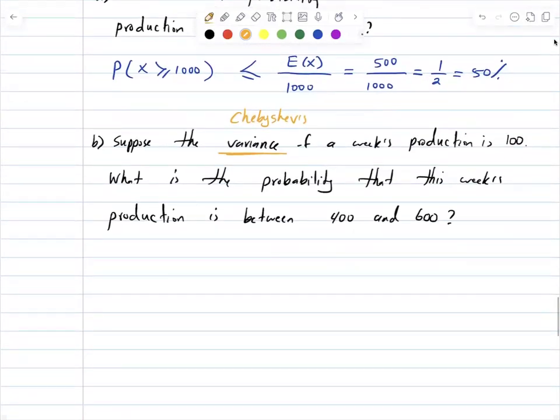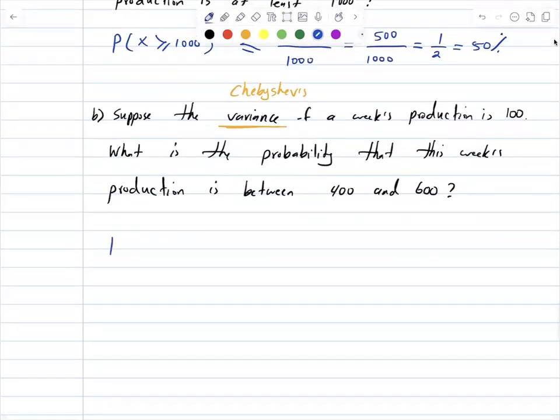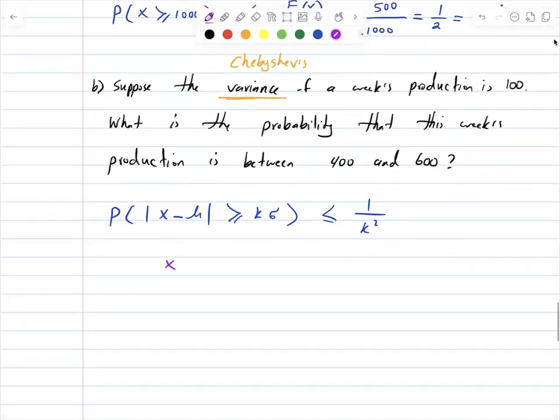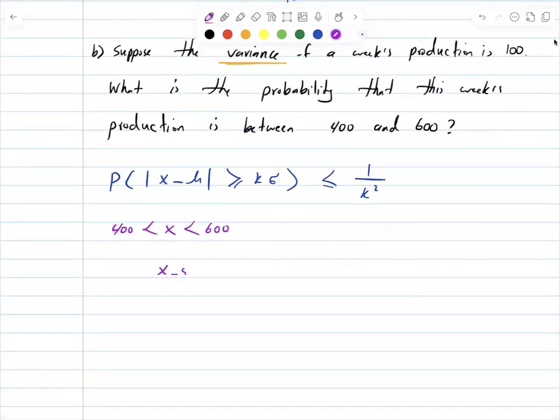Remember the formula? The probability that the absolute value of X minus mu is more than or equal to k sigma is less than or equal to 1 over k squared. So since we want to calculate the probability that X is in between 400 and 600, if you subtract 500, you get negative 100 and positive 100.